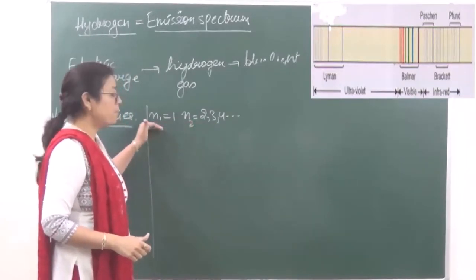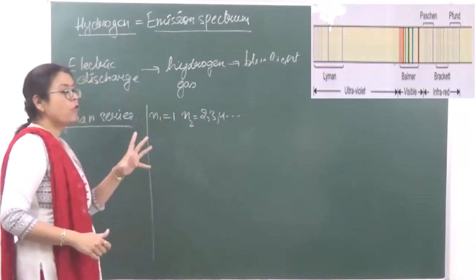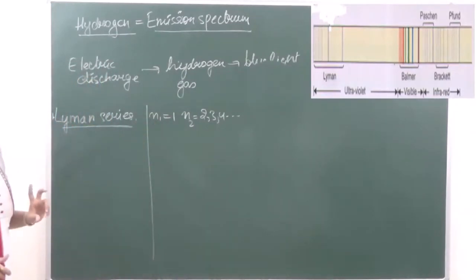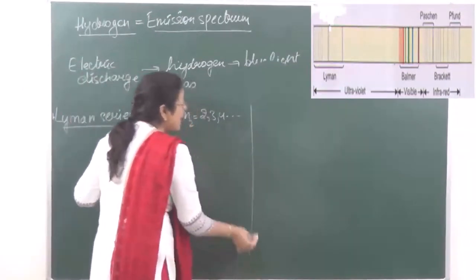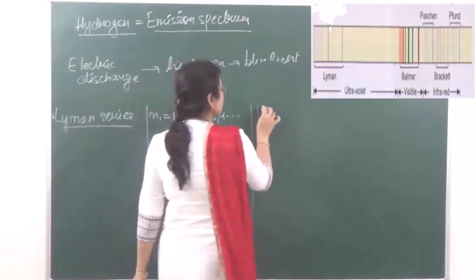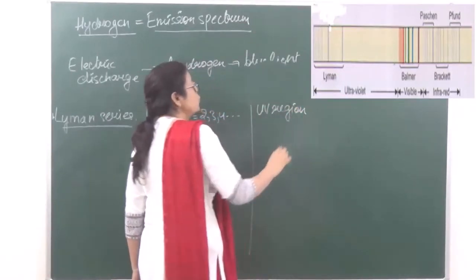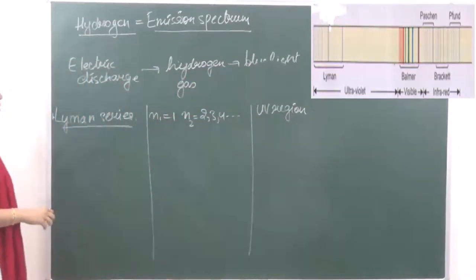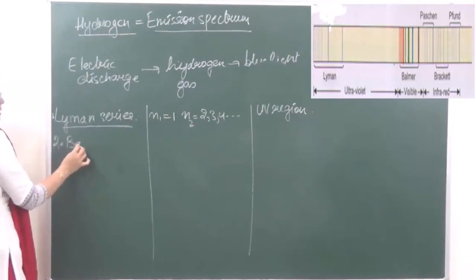During its jumping back to the first level, it emits radiations. And those radiations fall in the various regions of the electromagnetic spectrum. For example, when we are talking of Lyman series, they fall in the UV region. Then the second series was Balmer series.